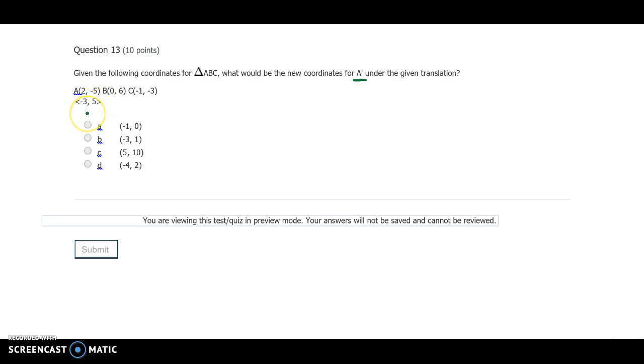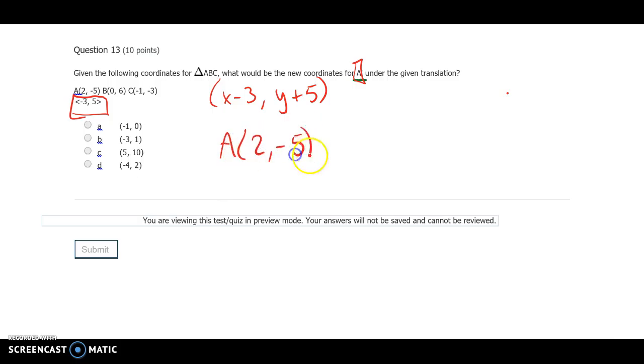What that told us was to take whatever our point was and do X minus 3 and Y plus 5. So if we want A prime, our new A, we'll take point A, which was 2, -5, and we get to A prime by subtracting 3 from 2.